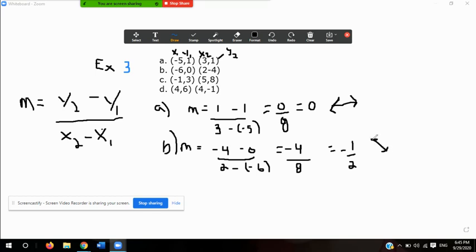Like I was mentioning a couple of minutes ago, if the slope is negative, that means the line is falling.